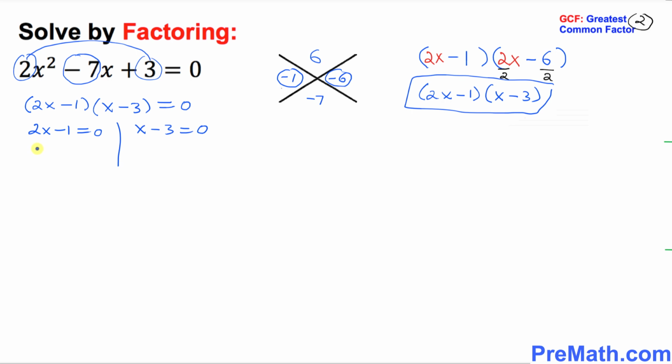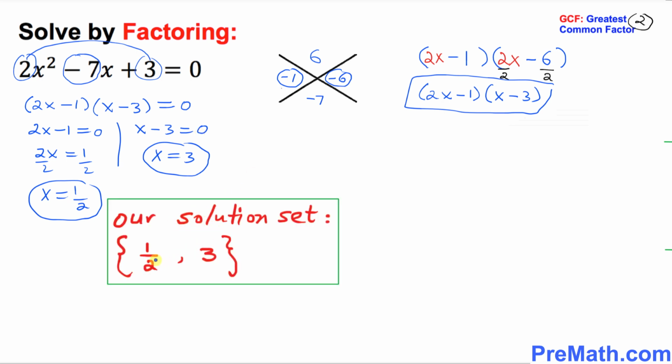That means 2x is going to be 1. You divide both sides by 2. x turns out to be 1 over 2 as one of our solutions here. x equals 3 is another solution. So thus our solution set turns out to be 1 over 2 comma 3.